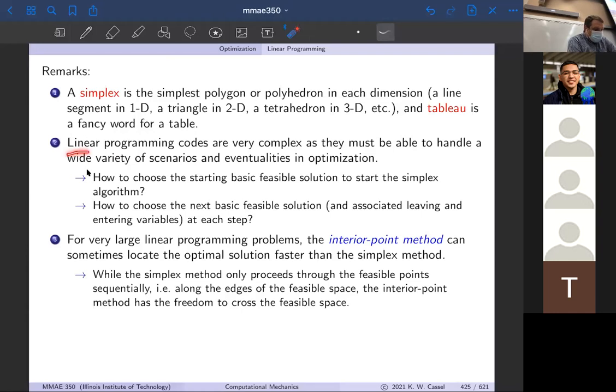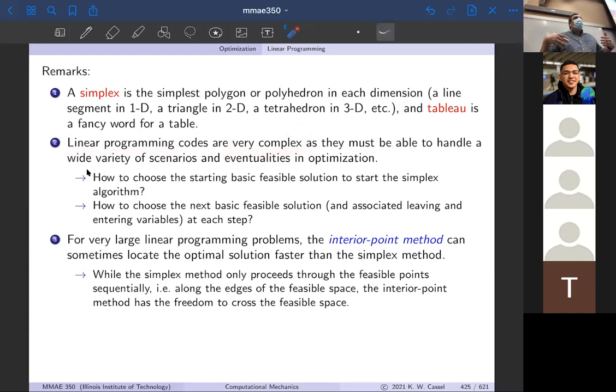The actual programs that do what we just did in an automated way for a wide range of problems are extremely complex. If you look at the codes, they're thousands and thousands, sometimes millions of lines long. The simplex method is somewhat simple conceptually. It's a little tedious to carry out, but it's actually not that difficult. Again, I keep doing my table with the bumpers on it, so you have that image in your mind. It's like, okay, that all makes sense.